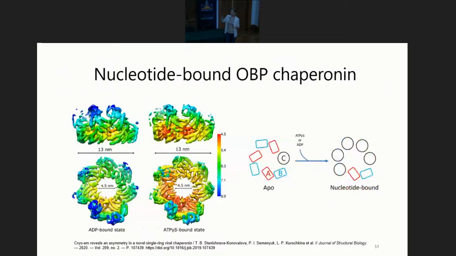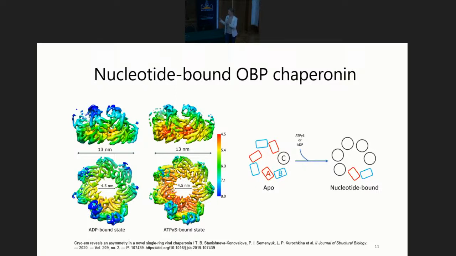So we also wanted to study how nucleotides affect the structure. So we made structures with addition of non-hydrolyzable ATP analogs and with addition of ADP. What we observed is that addition of nucleotides does not give us any dramatically new conformation, but it kind of enables switching between A and B conformation, and the whole complex becomes more mobile and flexible.